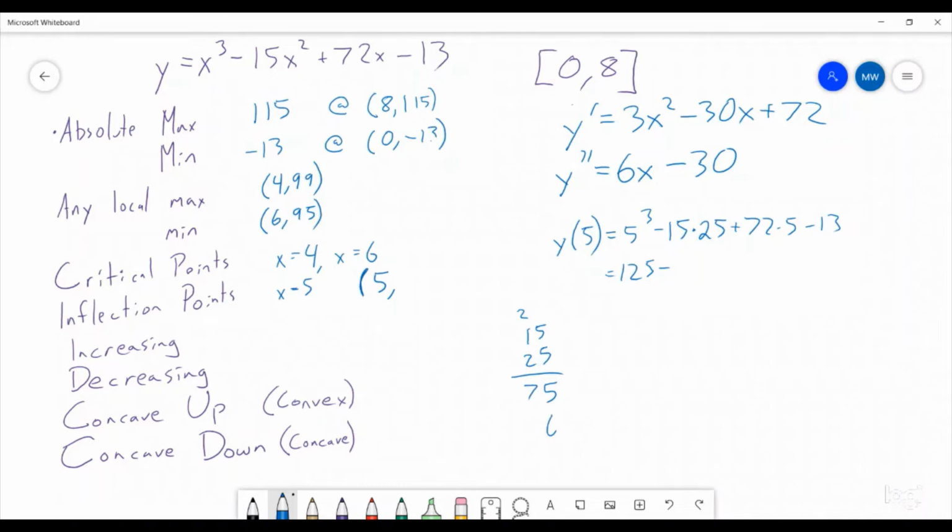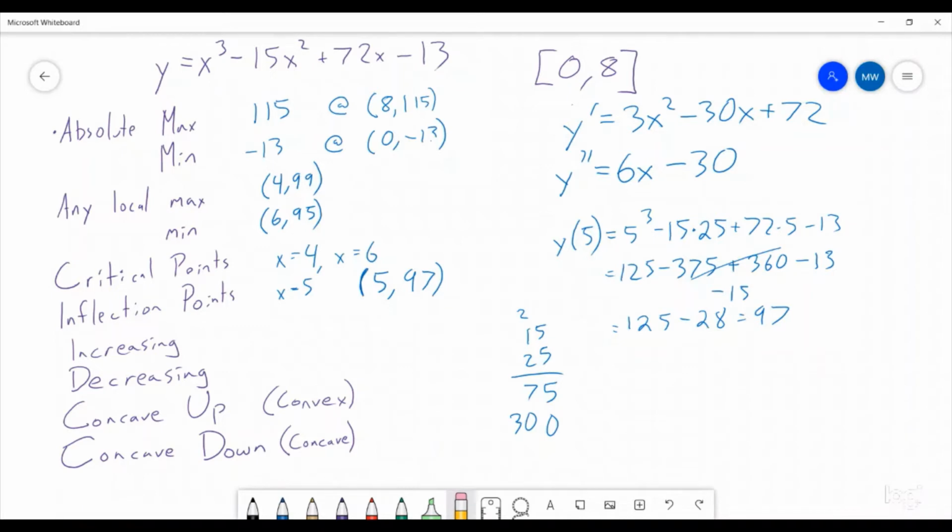So that's 375, plus 72 times 5. That's 360. Minus 13. Let's see, 375 and 360, that's minus 15 together. So that's 125 minus 28, that's 97. So it's at the point (5, 97).